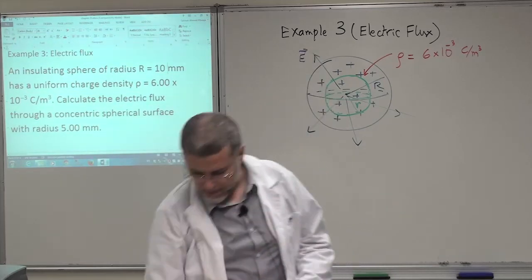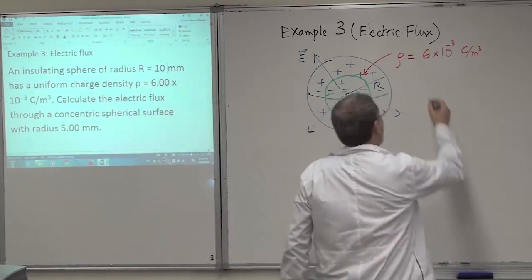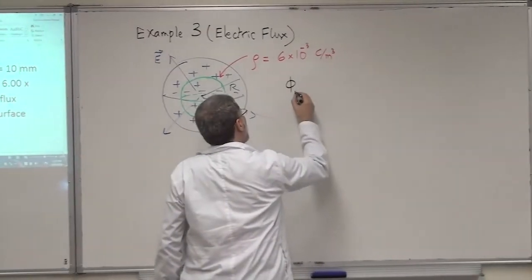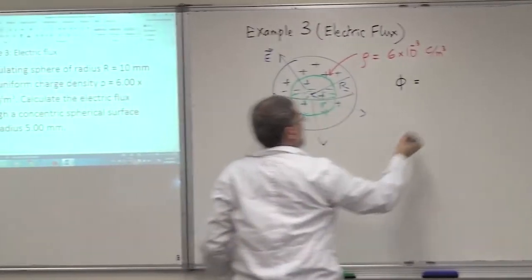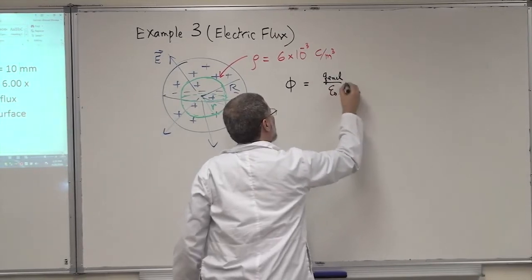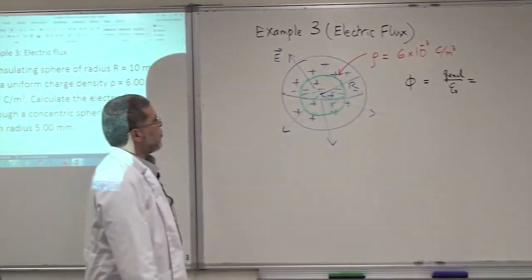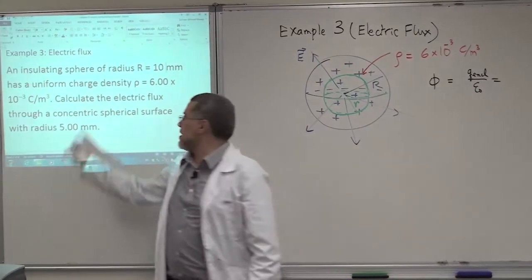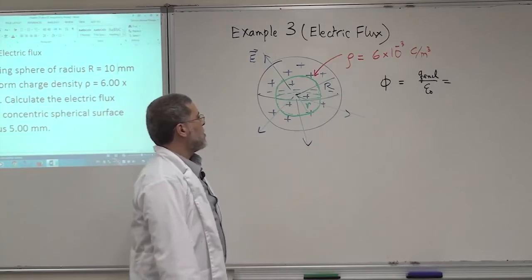So let's do the calculations. The flux through this green surface is equal to Q enclosed over epsilon 0. So what is the charge enclosed by this green surface, which has a radius of 5 millimeter?